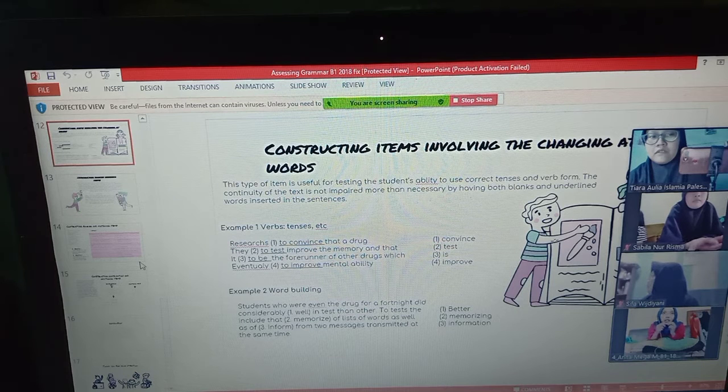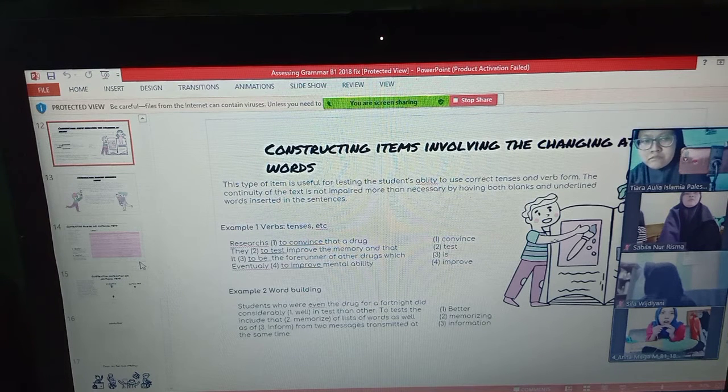I will explain about constructing item involving the changing of words. Itu item yang melibatkan perubahan kata. This type of item is useful for testing the student ability to use correct tenses and verb form.